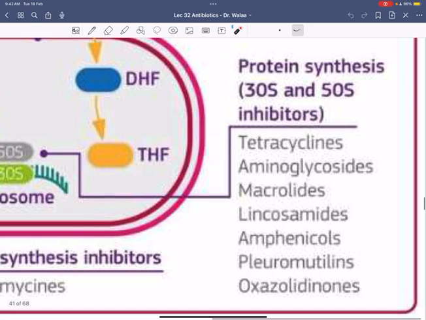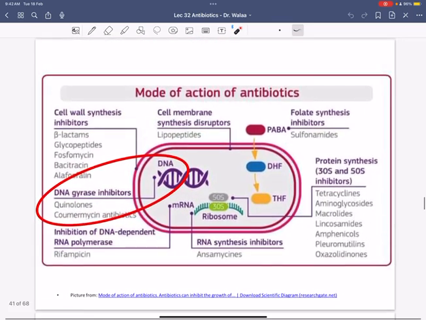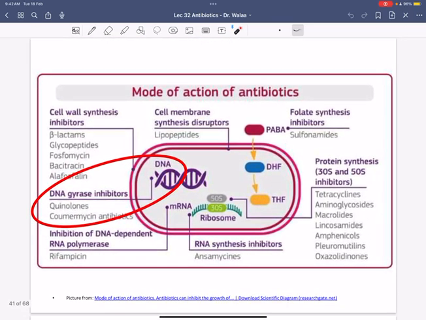For example, some antibiotics work on 30S ribosome inhibition, and some work on 50S ribosome inhibition. So they target different aspects of DNA synthesis or protein synthesis.